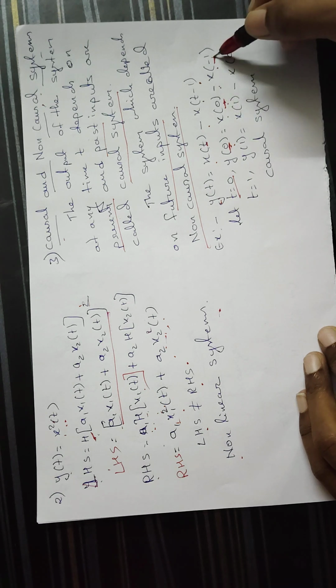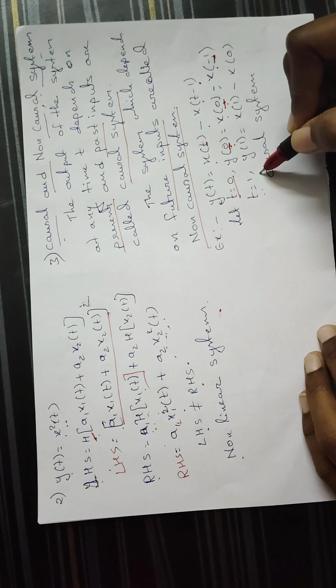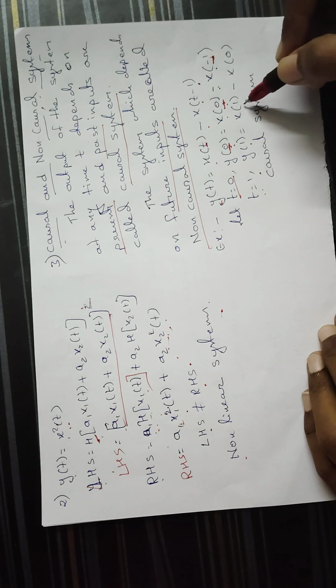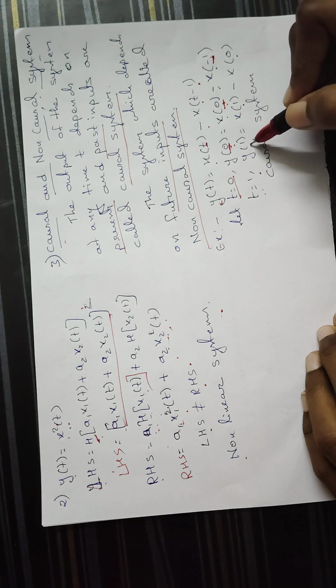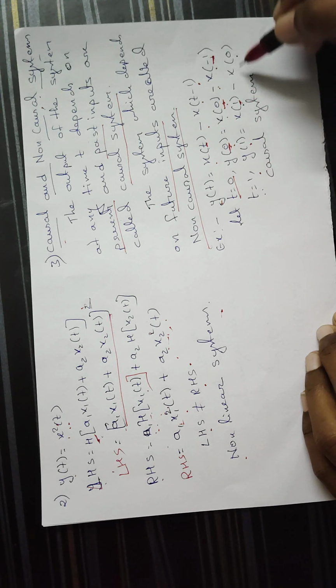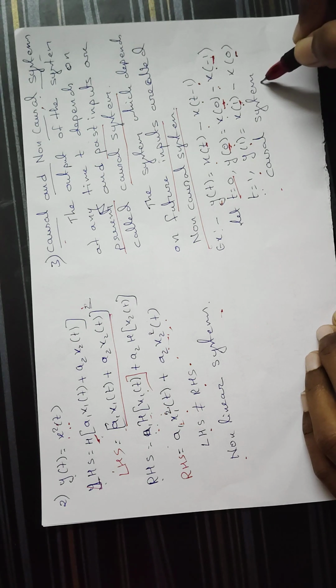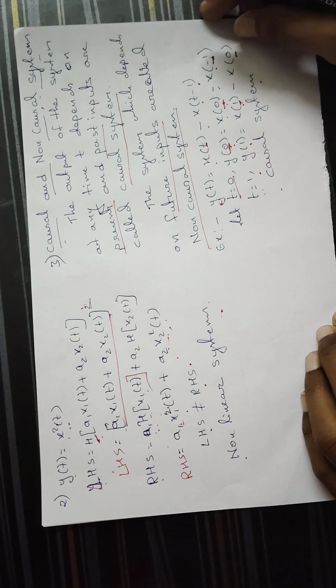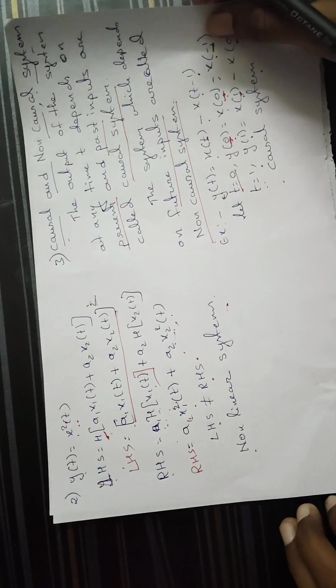So present and past. Now if you substitute one more instant, t is equal to 1, y of 1 is equal to x of 1 minus x of 0. So here 1 is a present value and 0 is a past value. So hence the system is a causal system. That means the system depends only on present and past inputs.